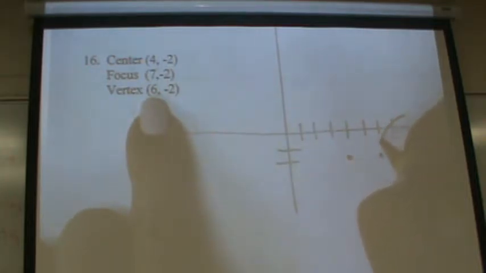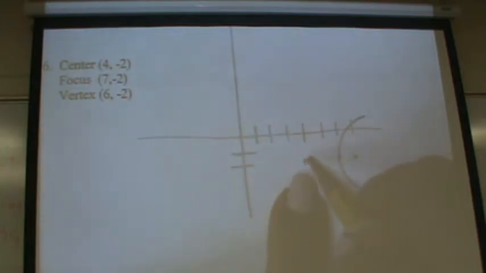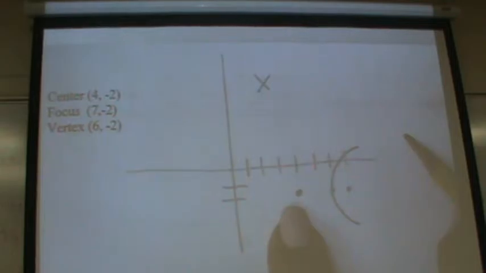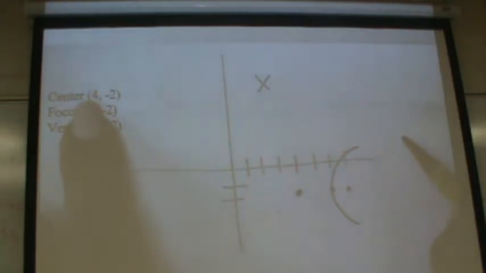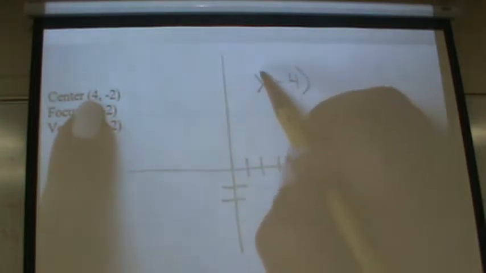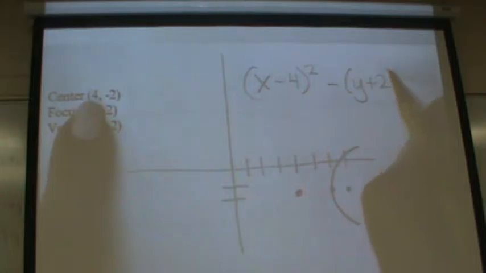So this thing looks like this. What does that tell you? Is it going to start with X or Y? X. How do you put your center in? X minus 4 squared minus Y plus 2 squared.